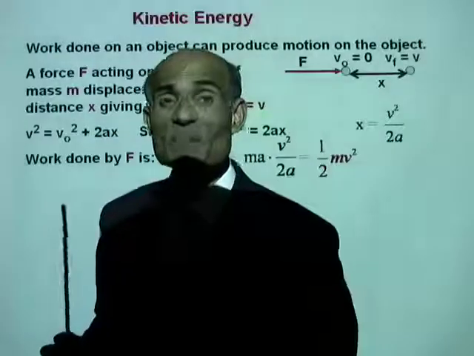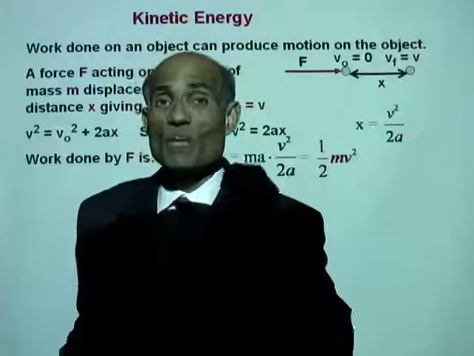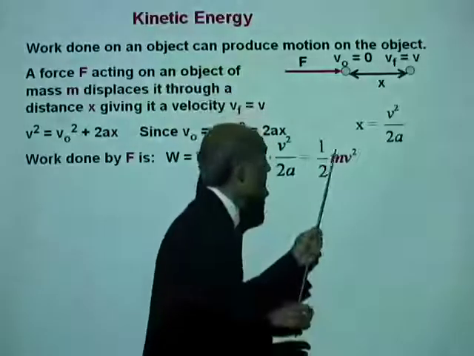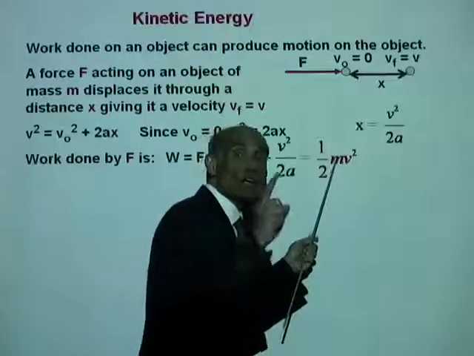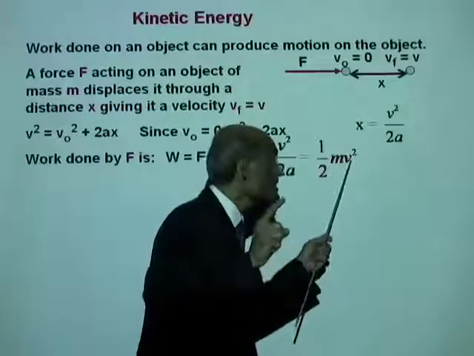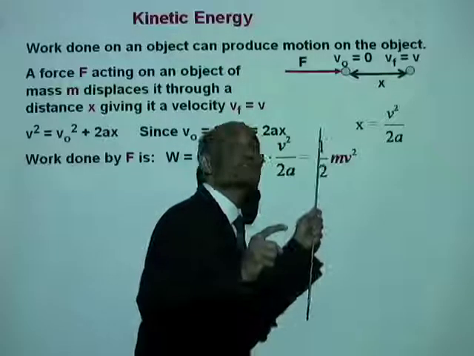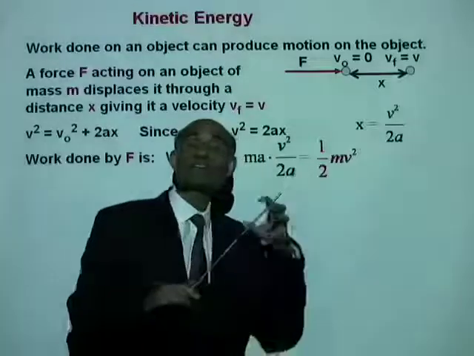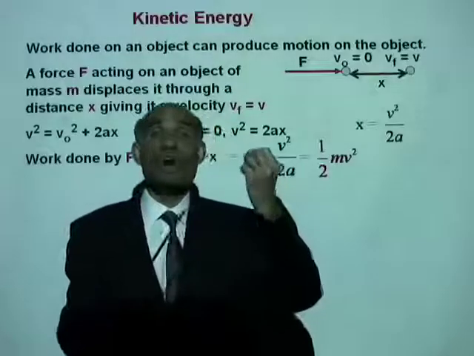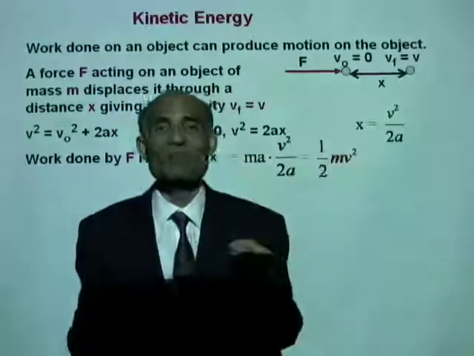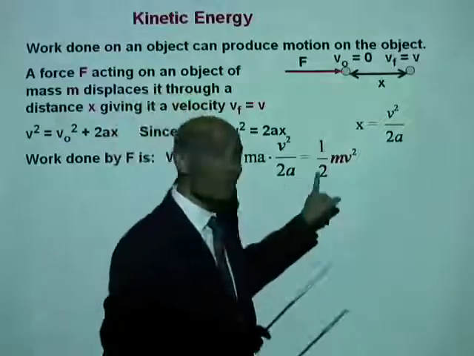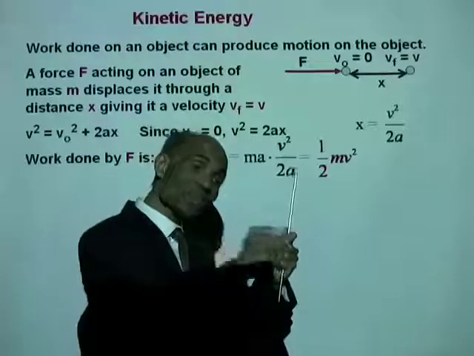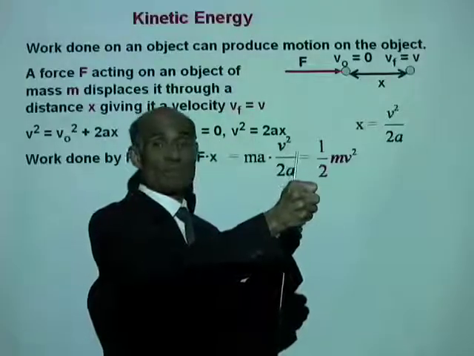Now listen to the statement I'm going to make here. The work done on an object of mass m, in order to give it a velocity v, equals 1/2 mv squared. And it is this quantity we call the kinetic energy of the object, because this is a measure of the work done on the object to give it that velocity.